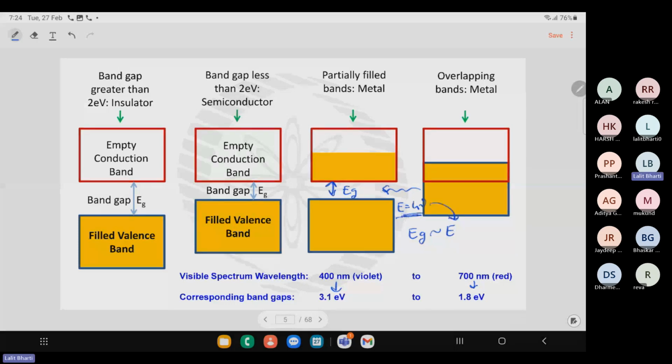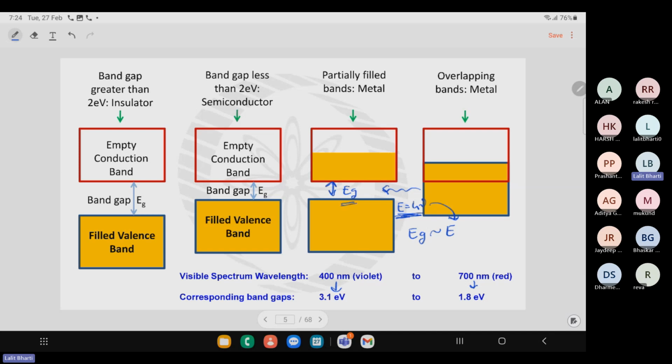If the energy is comparable to Eg, then only it will accept. If the energy of the incident light is less than Eg, it will not be absorbed, and if it is higher, it will also not be absorbed.